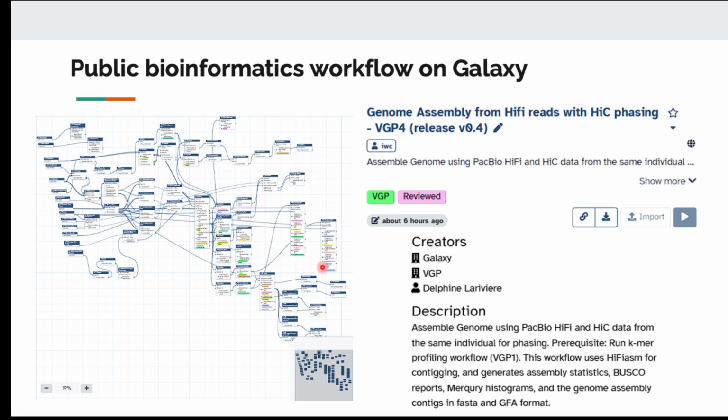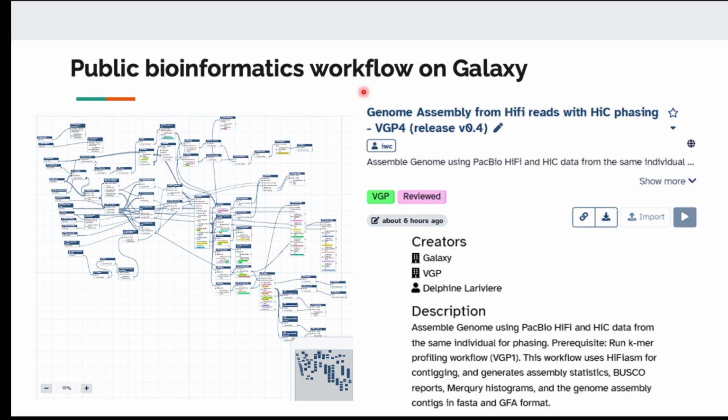You can just read the description. If you want to assemble genomes that come from PacBio sequencing data, then you can use this workflow. It will ask you for the sequencing data from the PacBio, but it will do all the assembly, all the QC, and will give you back the result at the end.